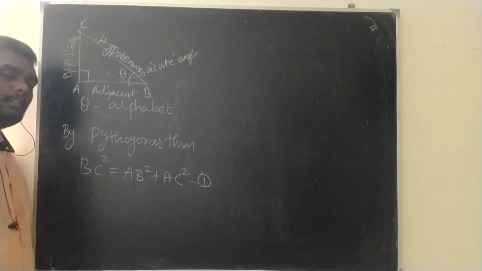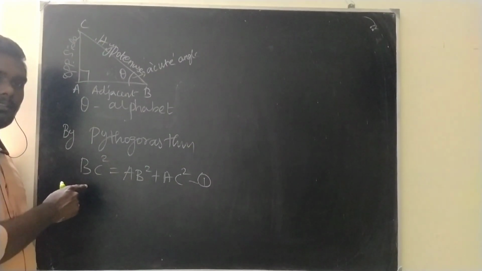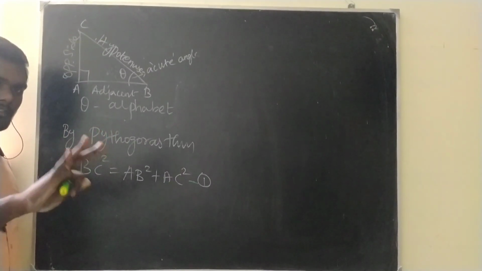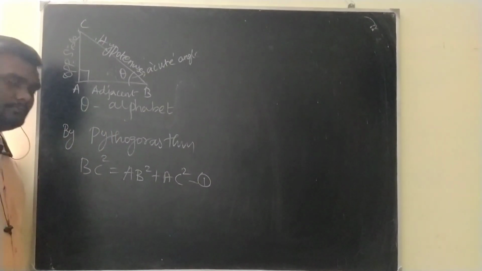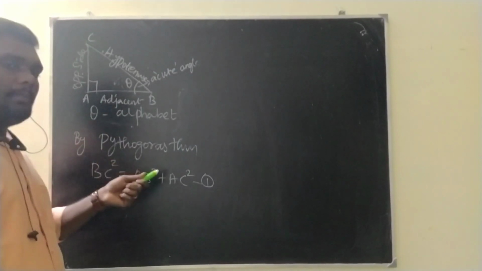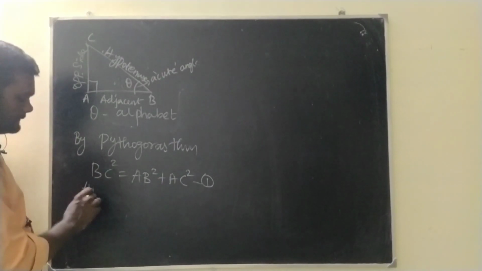Okay. Now, in this one single equation, we have three sides: AB, BC, CA. By Pythagoras theorem, this BC is what?